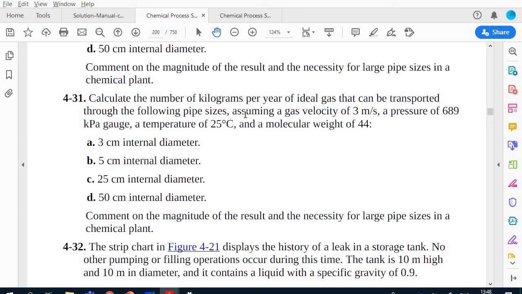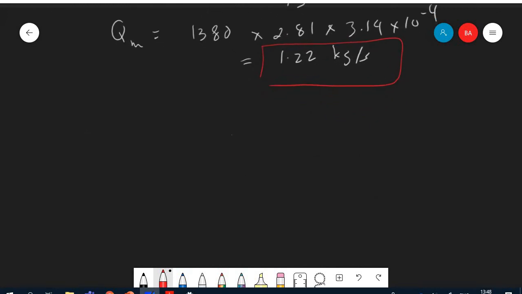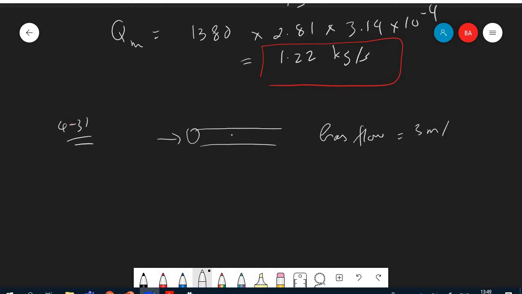So that's the whole story. And here we are talking about gas. We already said that we are not going to cover the part of the gas in the pipe, but just for the sake that you may need this at one time when you graduate: if you want to calculate how much is the amount that goes in a pipe, we know the gas flow is 3 meters per second.